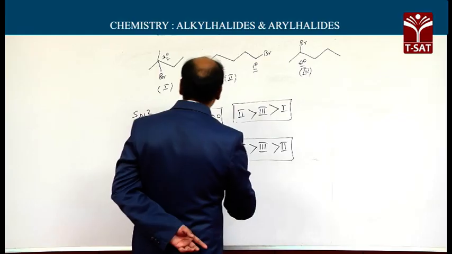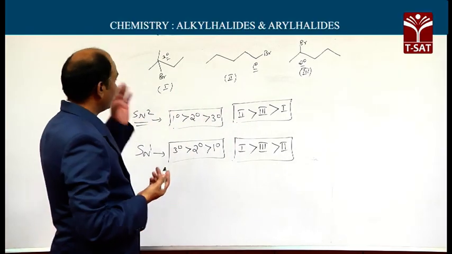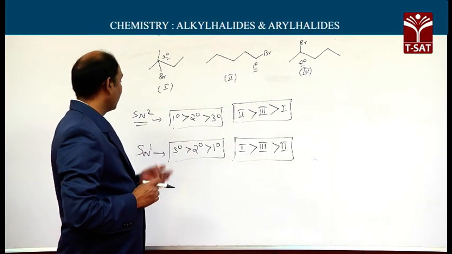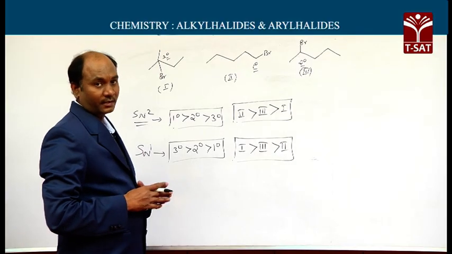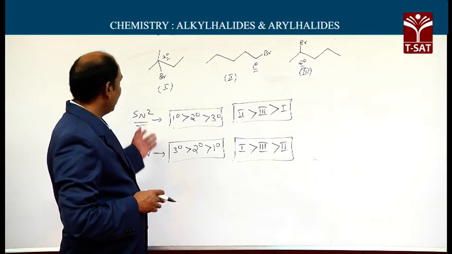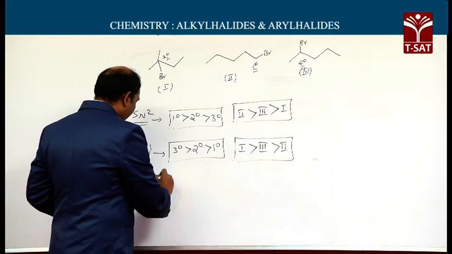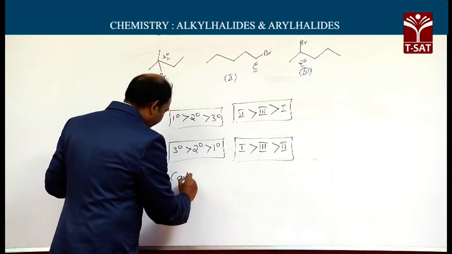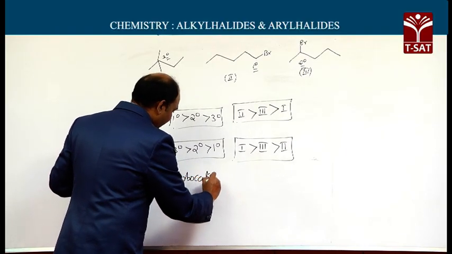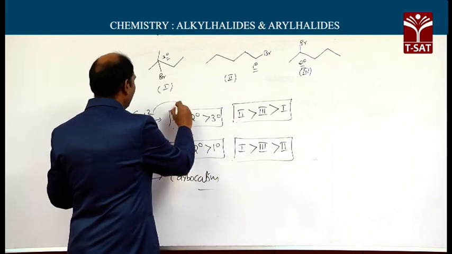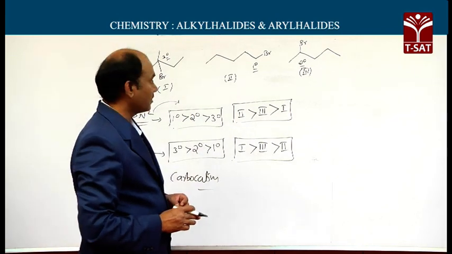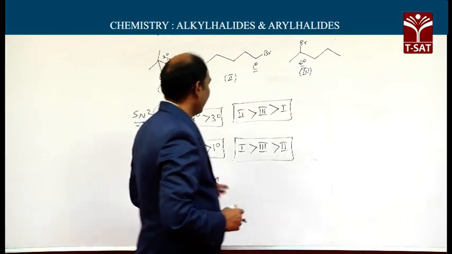So we have taken these three compounds and discussed which is more reactive towards SN2 and which towards SN1. In SN1 reaction, we mainly concentrate on the carbocation intermediate, whereas SN2 proceeds through a transition state. So this is one example.